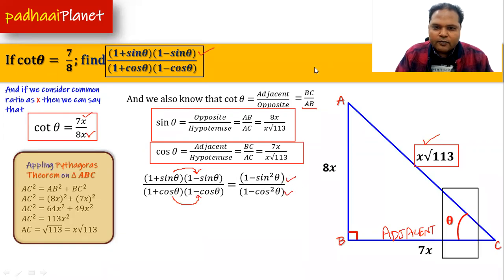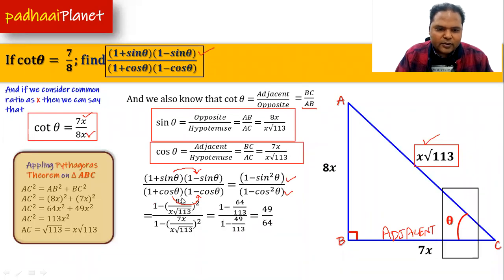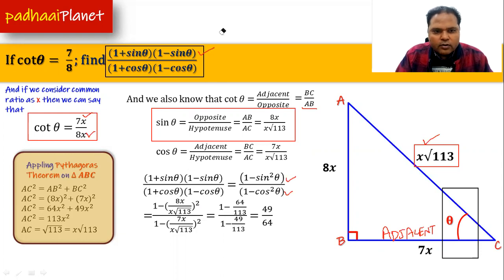Further, we can apply the values of sine theta as well as cos theta. We find that x is getting cancelled, because it's there in the numerator as well as the denominator.